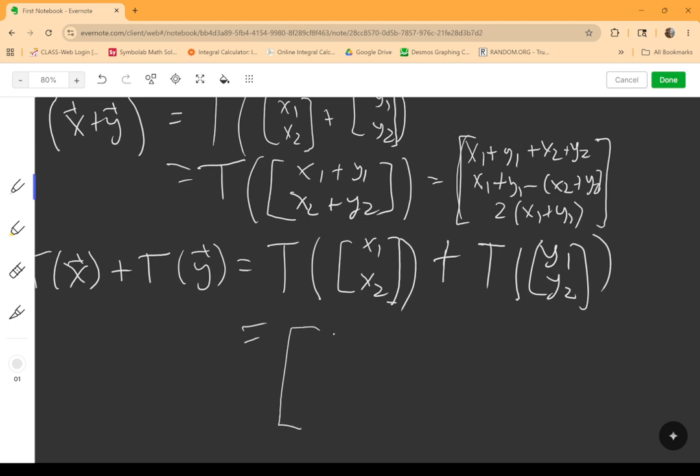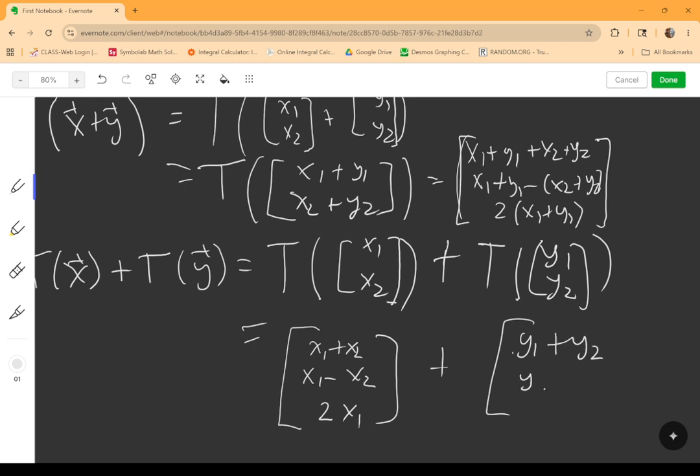Here we get x1 plus x2, x1 minus x2, and 2x1, and y1 plus y2, y1 minus y2, and 2y1.